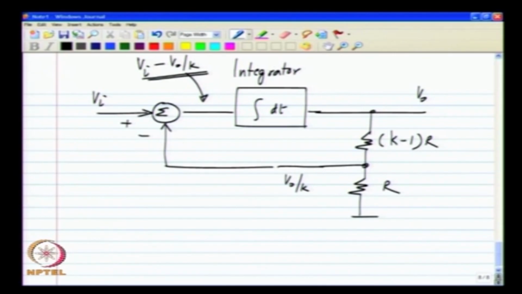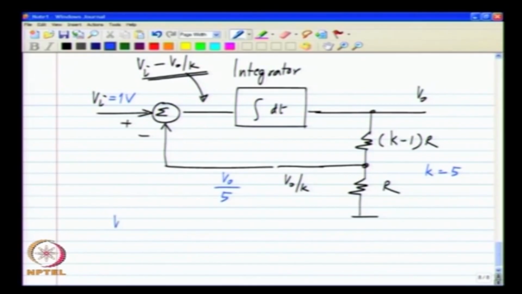Okay. What will happen now? Let us say Vi is 1 volt and my K equals 5. So, I will get V naught divided by 5 here. Okay.